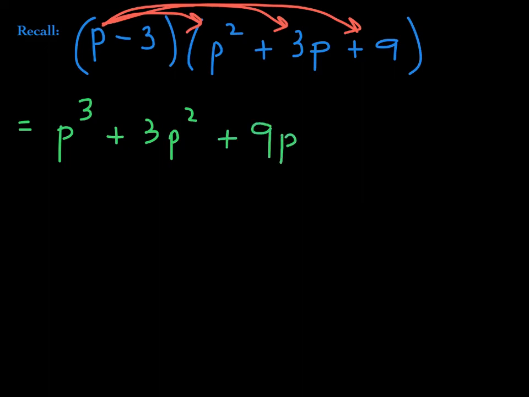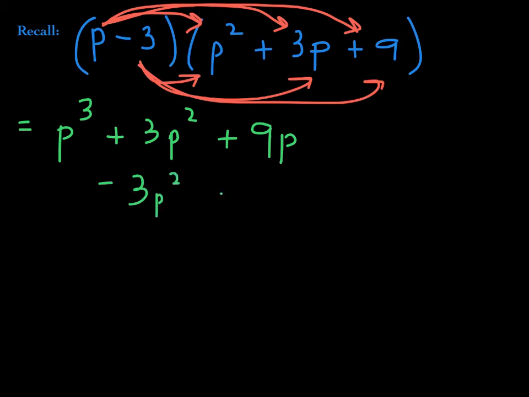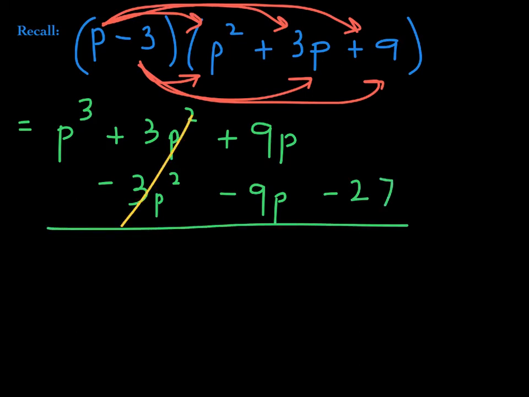Now distributing the negative 3, right, gives me negative 3p squared. It gives me negative 9p, and it gives me negative 27. Notice that these terms are opposite, and so you're left with p cubed minus 27.